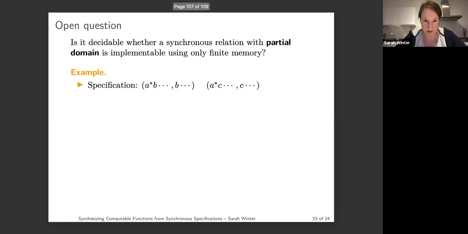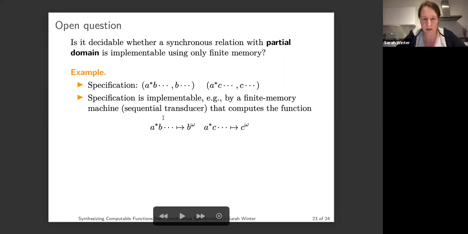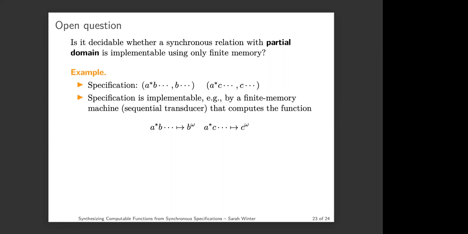If I take a look at this last example, then I need to have unbounded look ahead, but I don't need to remember everything I've seen. So finite memory suffices. But you are asking if I can decide whether a bounded look ahead suffices, right? Yeah. Whether there is a function that only needs bounded look ahead.